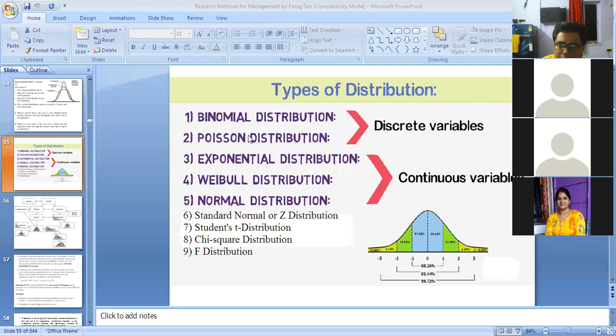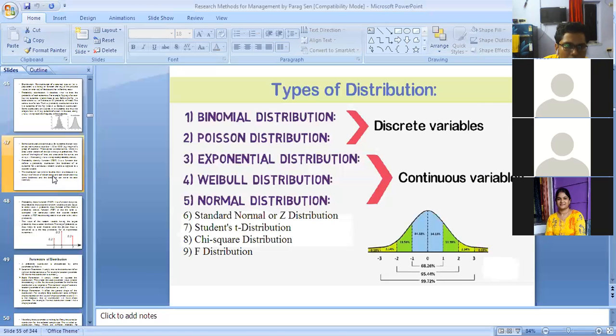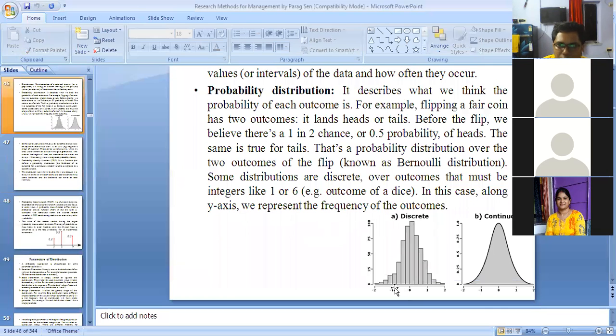Why are these discrete distributions? Because along the x-axis, in this case, you represent discrete variables. This is a discrete distribution, and this is a continuous distribution. Whenever you deal with a discrete distribution, along the x-axis you represent a discrete variable.